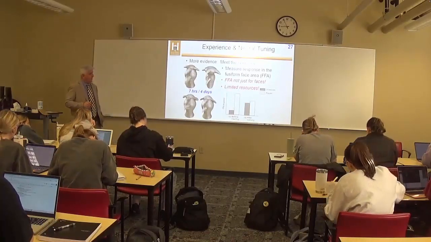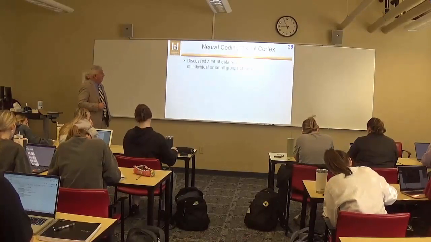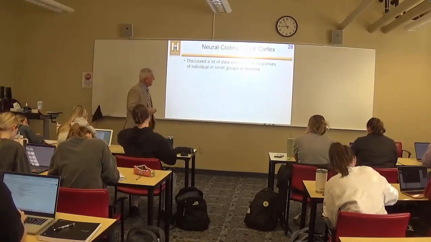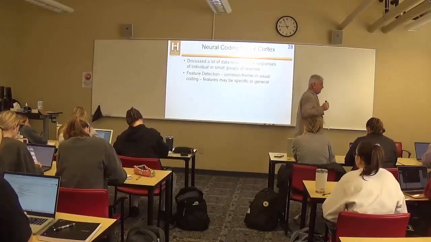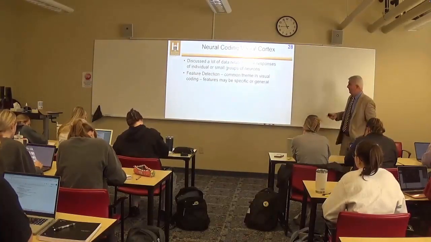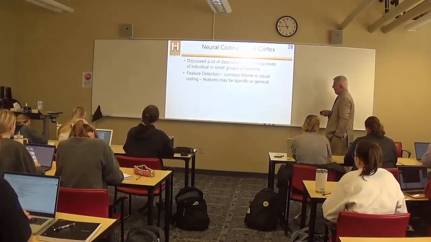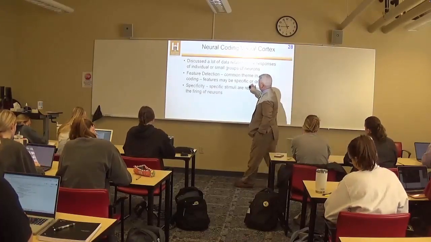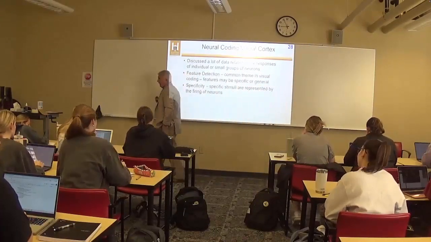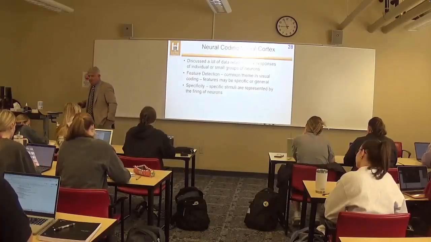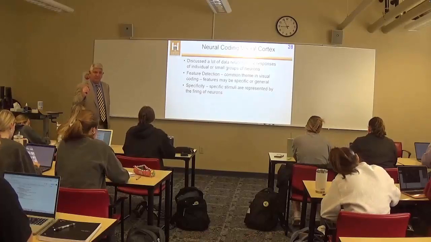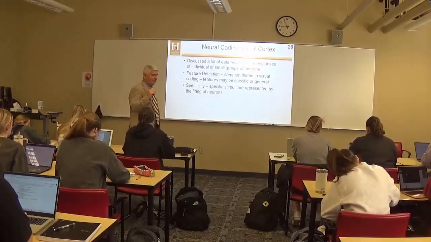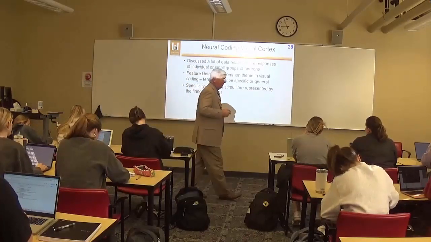All right, so we've talked a lot about the responses of specific areas, right? And these features may be specific or general. Specific stimuli are represented by the firing of those particular columns that are coded for particular features.